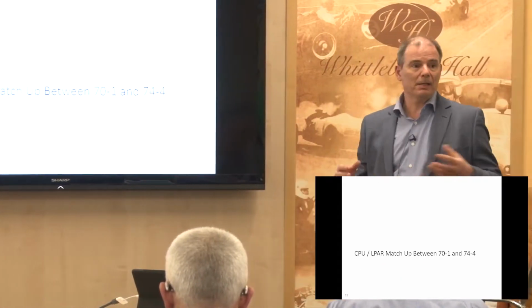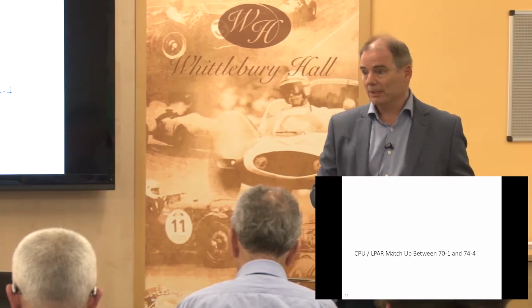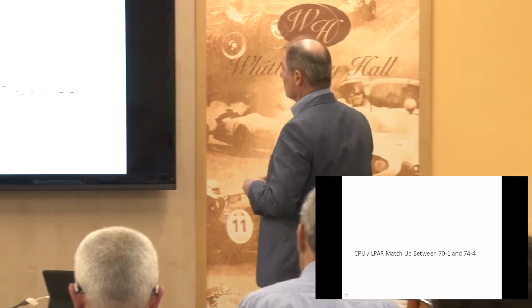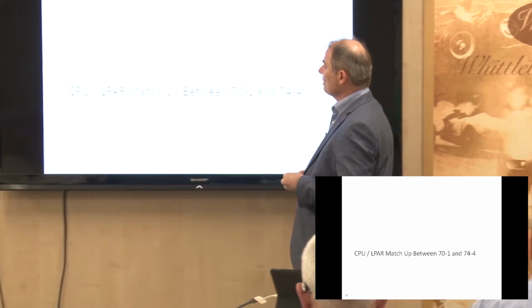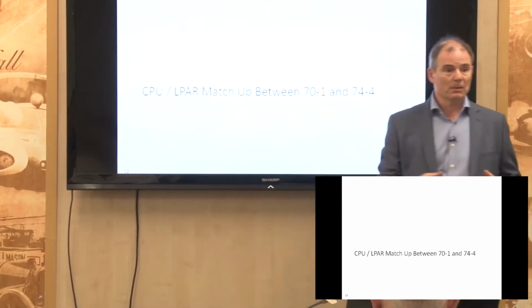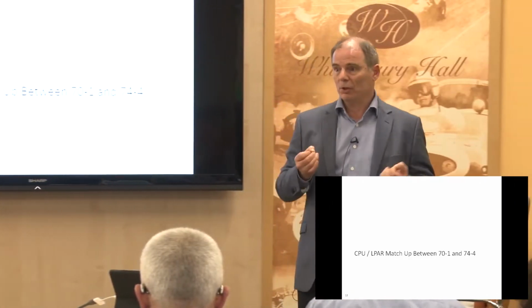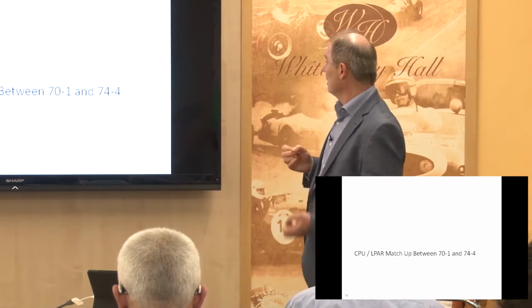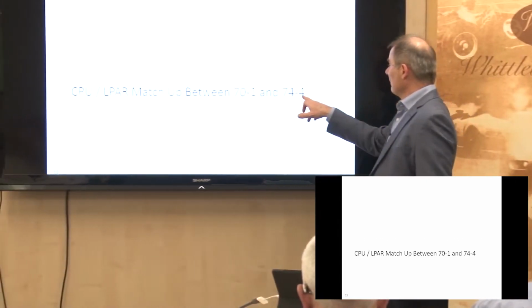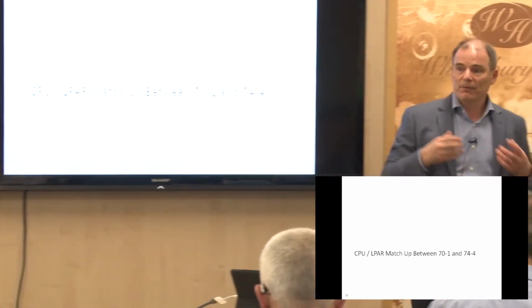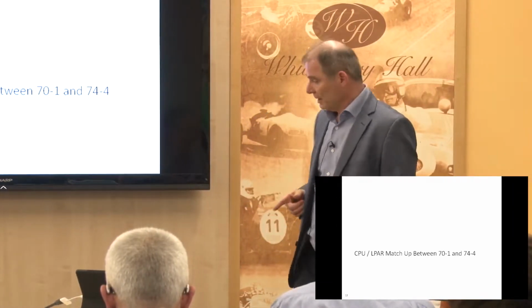So staying on the CPU theme a little bit, one of the things that's worth thinking about is how to match up the 70 subtype 1 partition data view of CPU for a coupling facility and the 74 subtype 4 view, which is the coupling facility's own view of CPU.